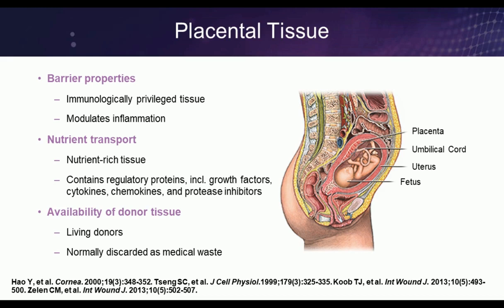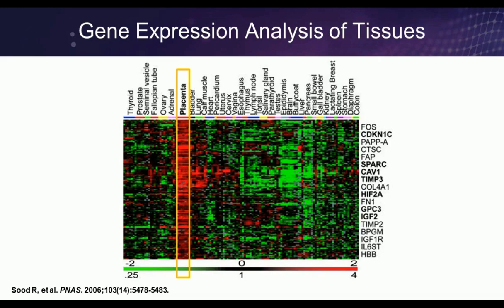When you take a look at different tissue types, here there are 35 different tissues that are analyzed by microarray analysis. Microarray analysis looks at the expression levels of various biological mediators, and these are represented by a color tag.